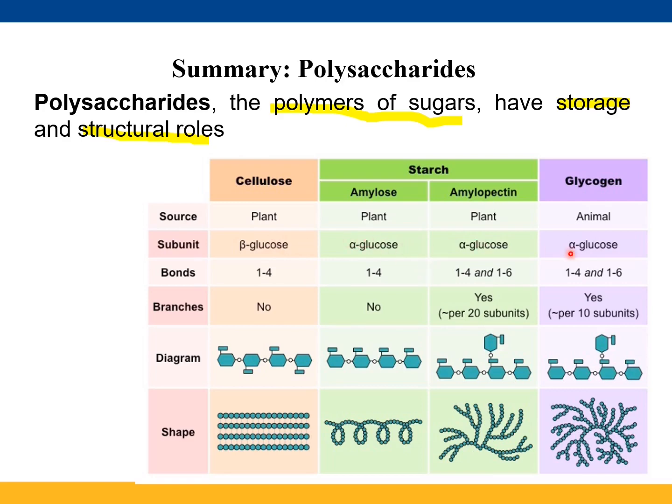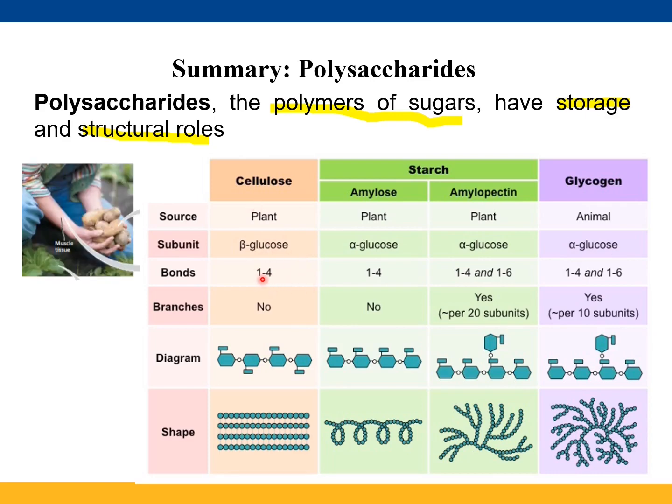While the other ones are alpha glucose, and if you see, the cellulose has 1 to 4 glycosidic linkage, while in the amylopectin and the glycogen you have these two types. In the cellulose there are no branches, so this is what they look like, they are shaped like this.